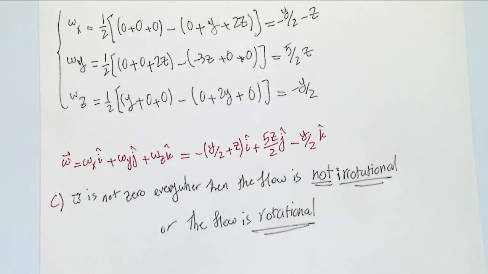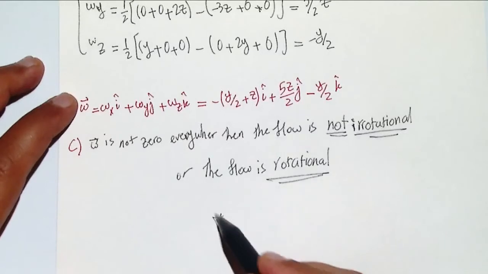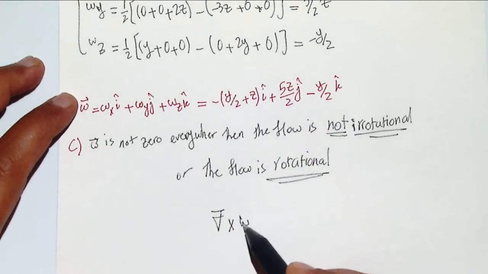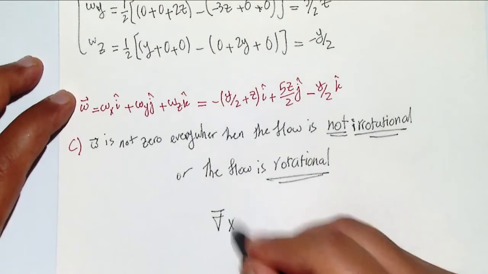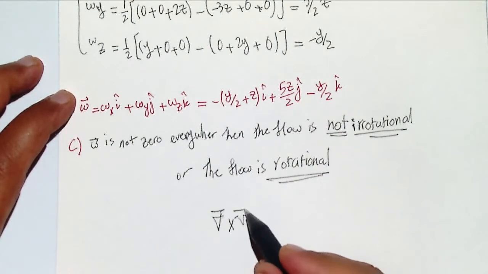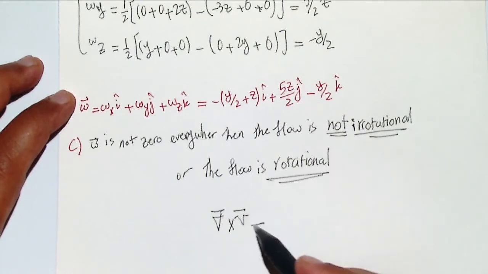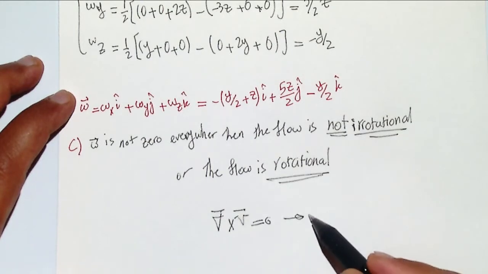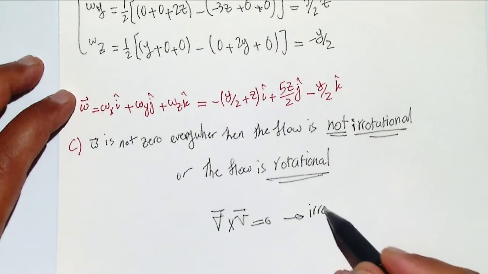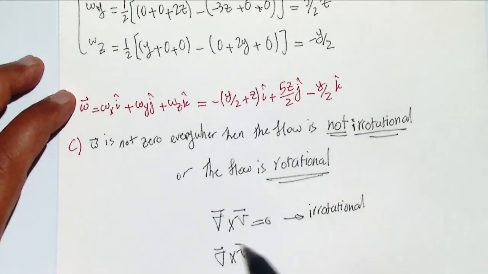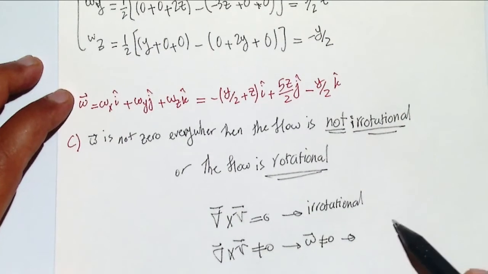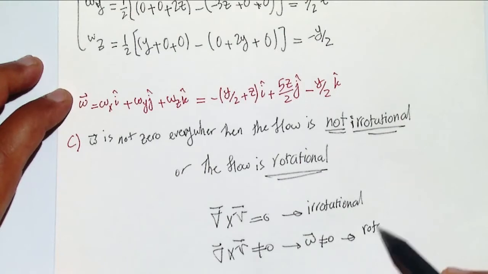So to check omega, or in simple words, you can find the curl of V. If it's 0, then the flow is irrotational. If that's not 0, meaning omega is not 0, then you will have a rotation vector, so there is rotation.